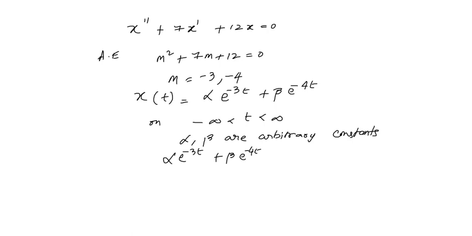To determine a specific solution of this family, two conditions are necessary. For instance, the conditions are x of 0 is equal to 0 and x dash of 0 is equal to 1.